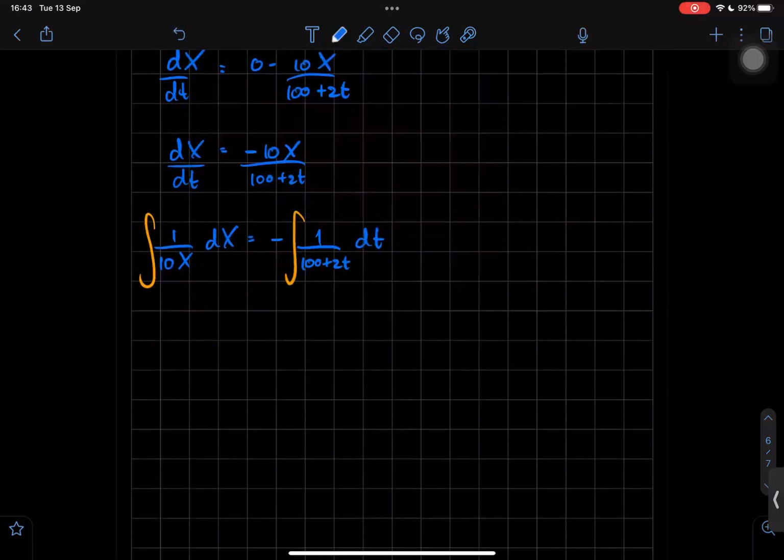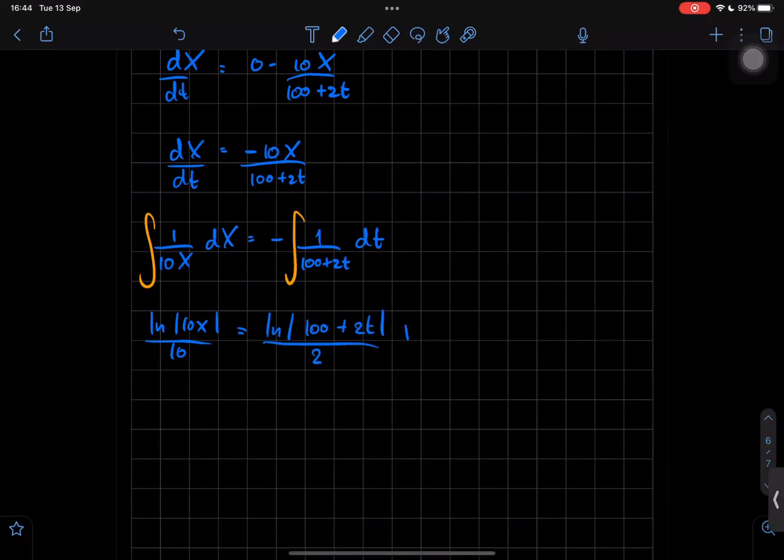Okay, we get log of 10x over 10 equal to log of 100 plus 2t over 2, and then plus constant.